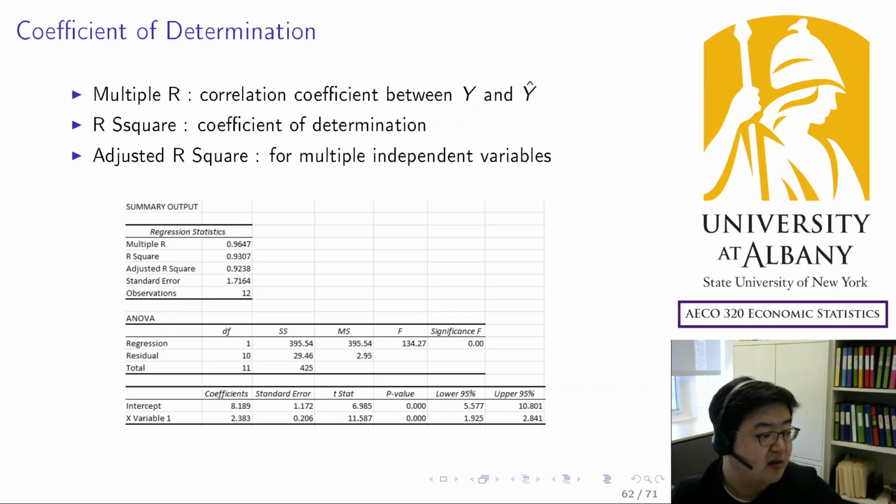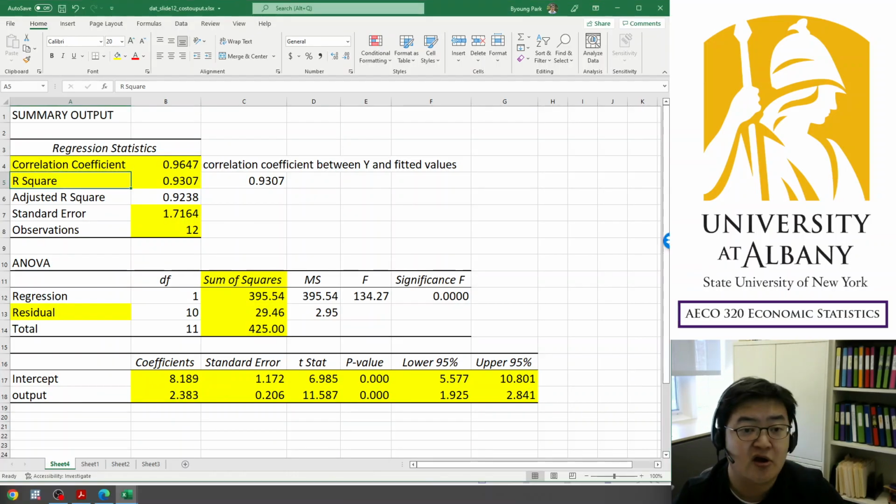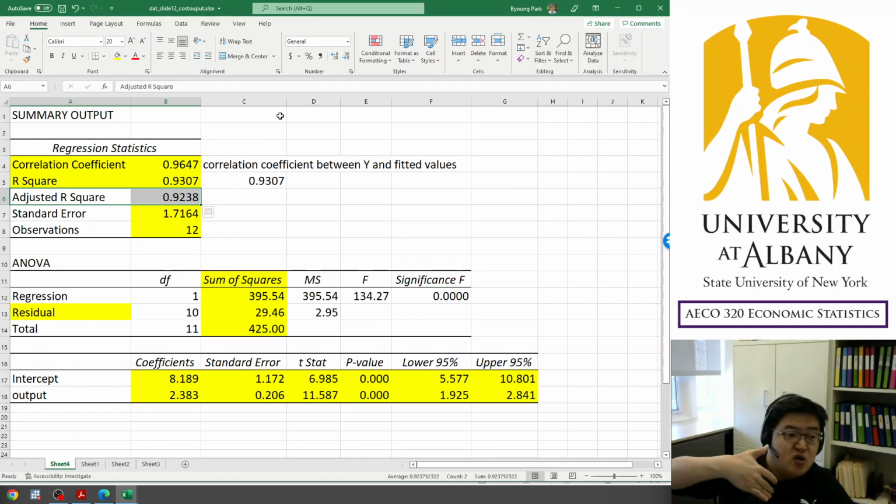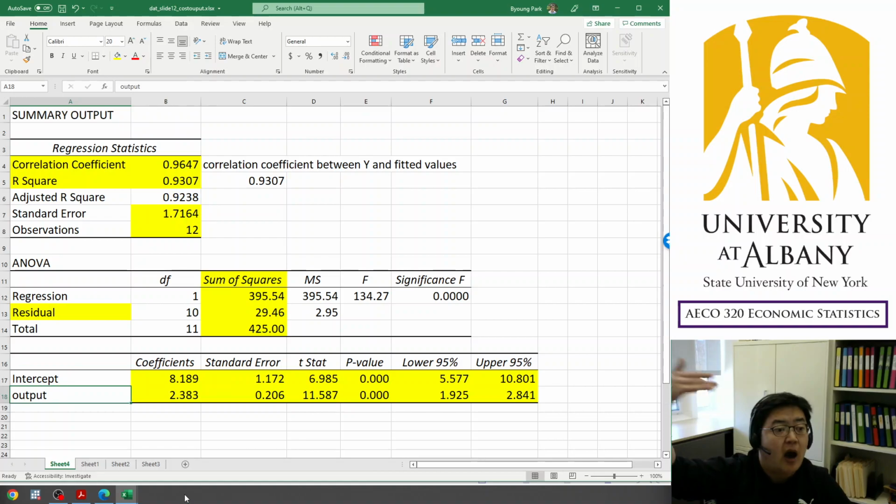By the way, there is another thing I could mention here, which is adjusted R square. Here we consider only one variable, so adjusted R square is not important right now. But the problem is when you have more variables, say you utilize not only output but other variables.